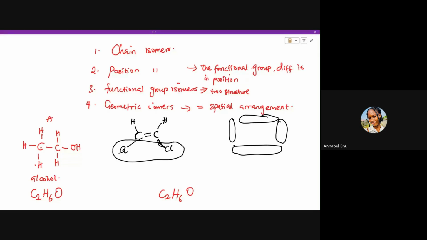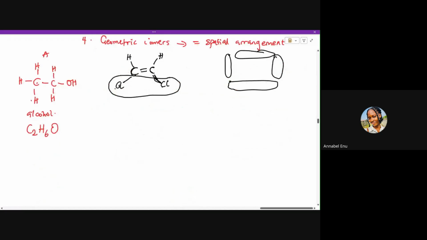Same side. Okay. Now trans isomers means opposite sides. So for trans, we can use the same example. Let's say we have a carbon to another carbon. This time around, if we're considering the chlorine, and the chlorine is here, another chlorine is here, this is trans isomerism.